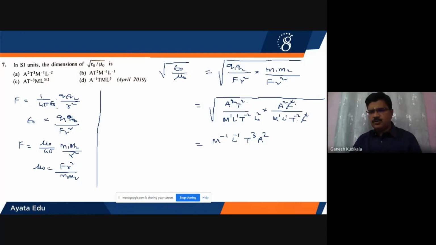L to the power of 2, 2 will get cancelled, L square. One more 2 is there, 2 plus 1, 3 plus 1, 4. So 4 under root will become 2, therefore minus 2 you are going to get. Right. So M to the power of minus 1, L to the power of minus 2, T to the power of 3, and A to the power of 2, right? Therefore this is the first option.